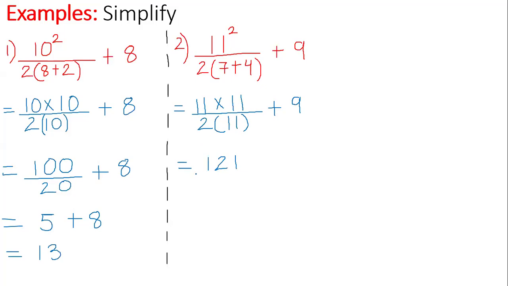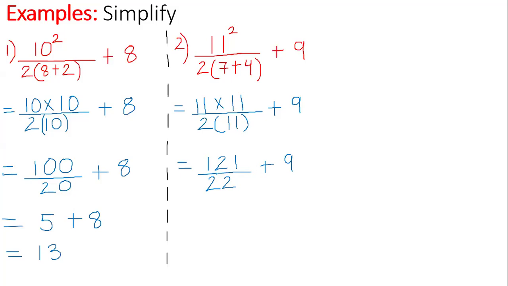All over 2 times 11, which is what? 22. Plus 9. And then we have 121 divided by 22.